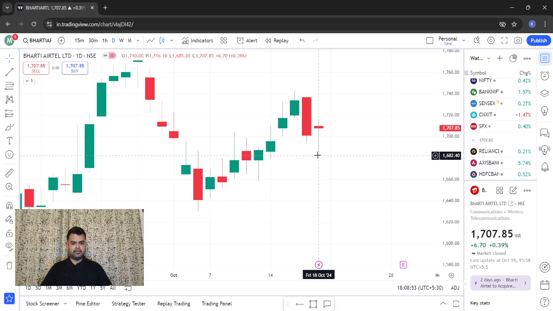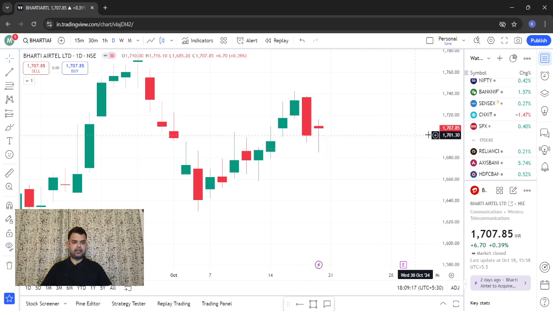So let's say if I place the mouse over this candle, I can see the date below. That is Friday, 18th of October 2024. So this is the candle that had been formed on 18th of October.